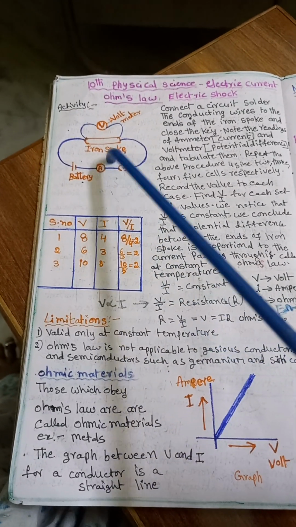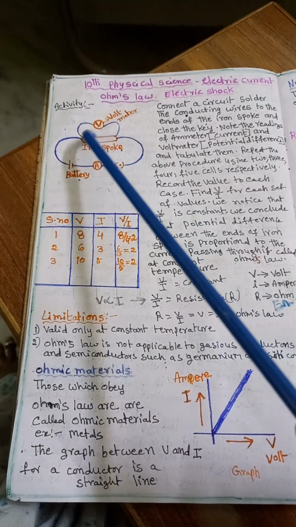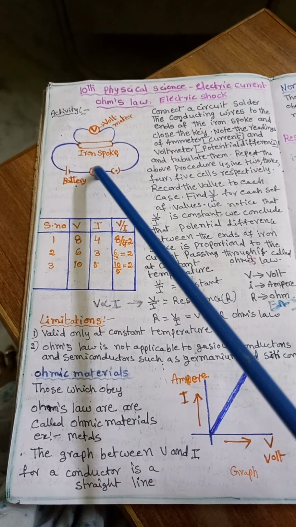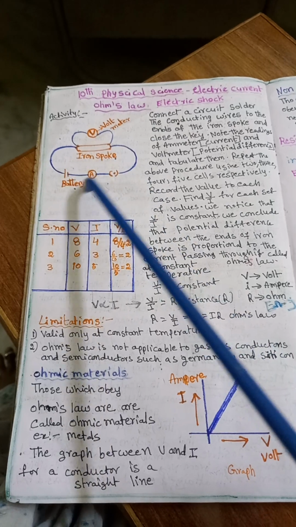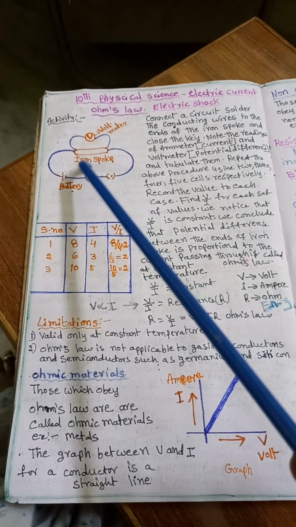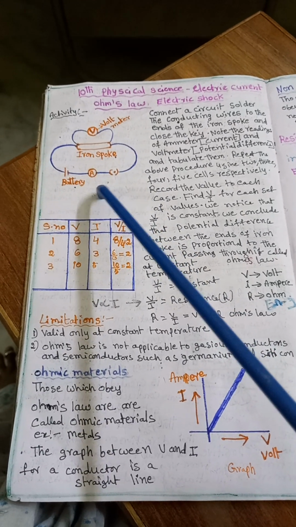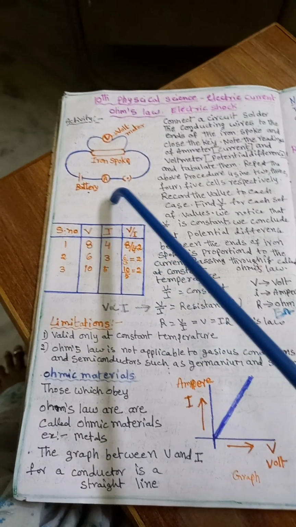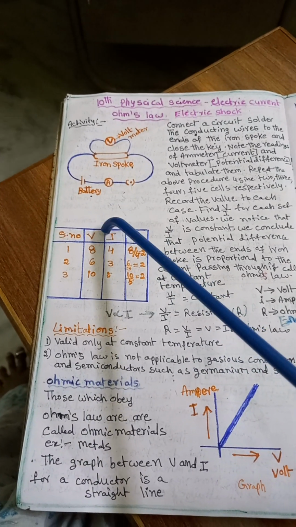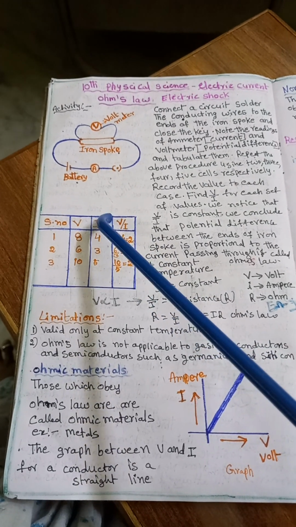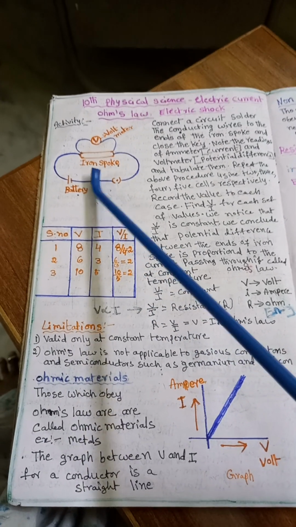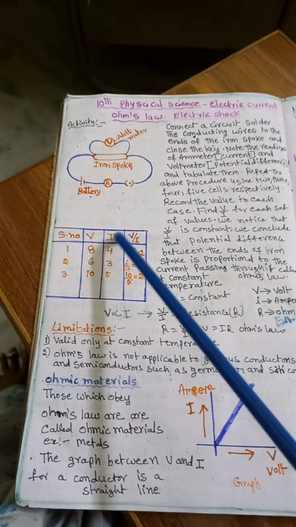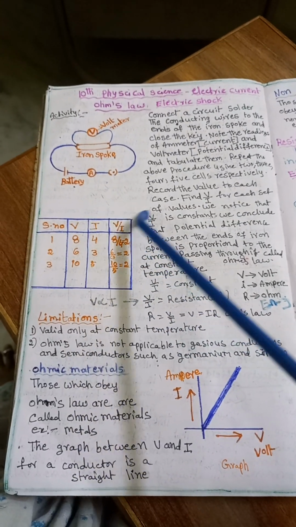So the potential difference created across this conductor is proportional to the electric current. At a constant temperature, not a high temperature, not a low temperature, the potential difference is always proportional to current. So it is called Ohm's law.